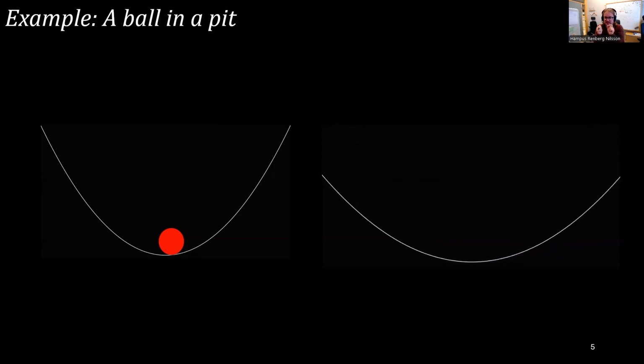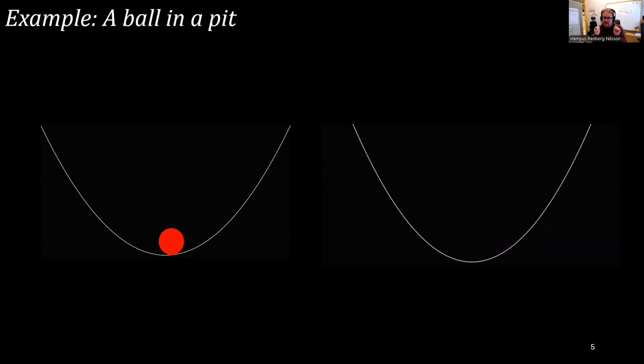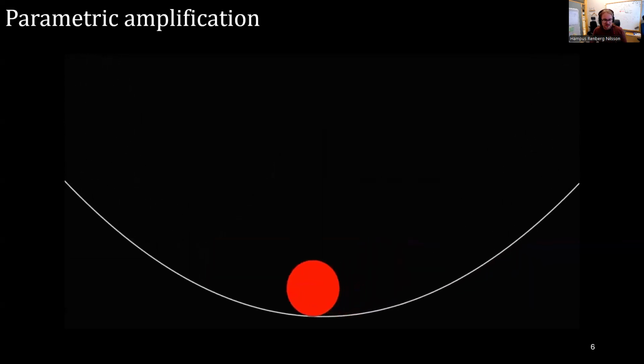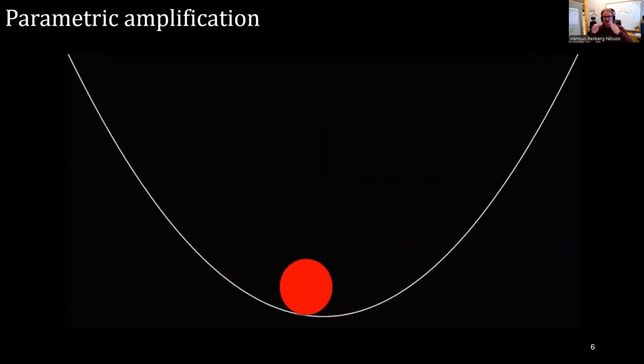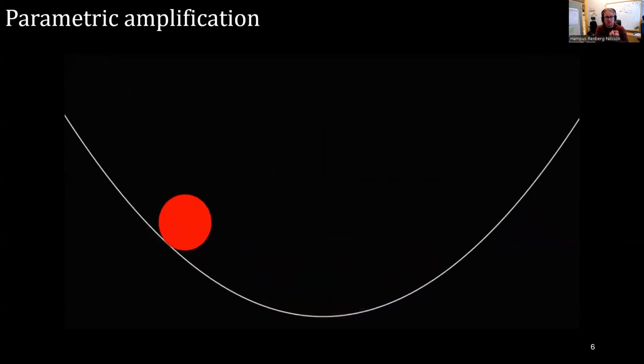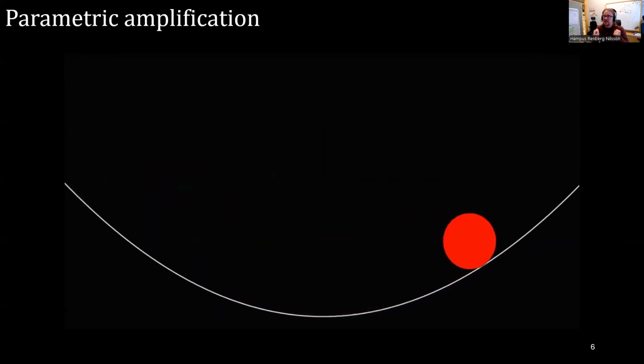So we have a ball that oscillates with small oscillations inside the pit, and we can change the curvature of the pit.